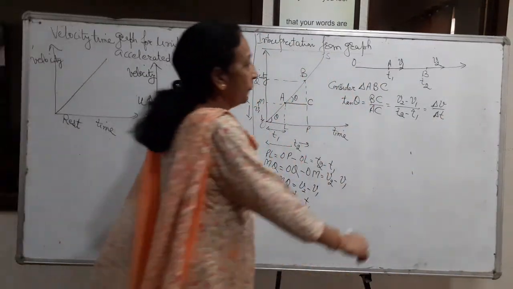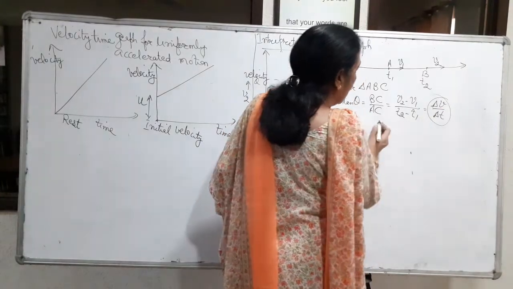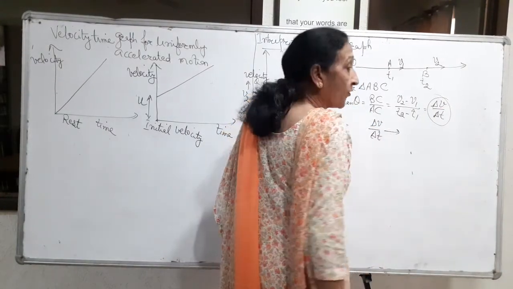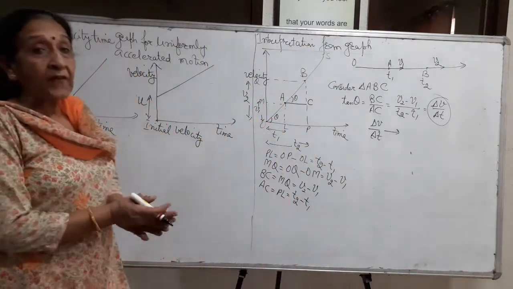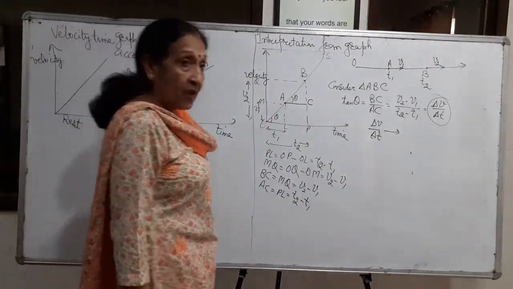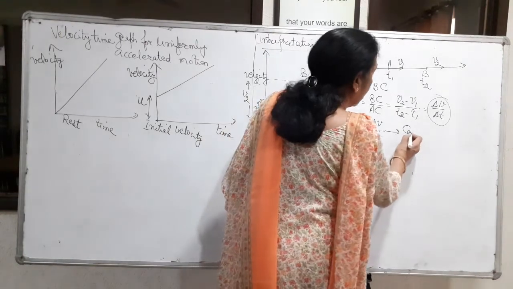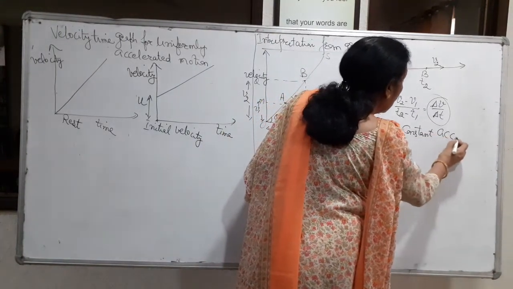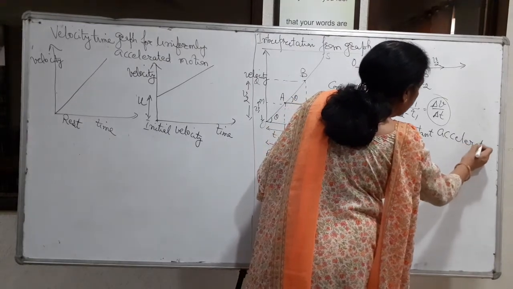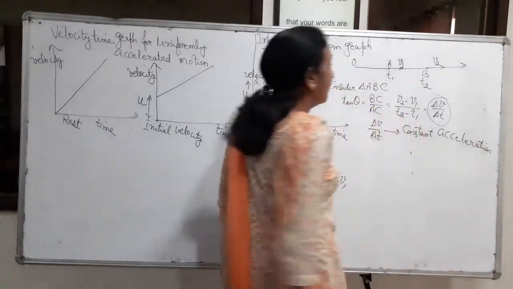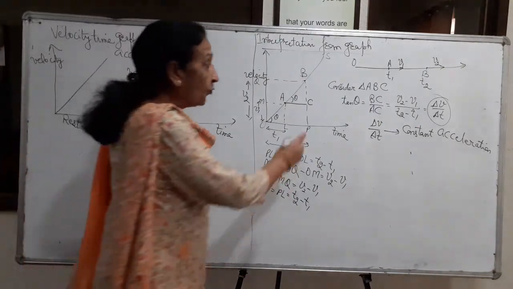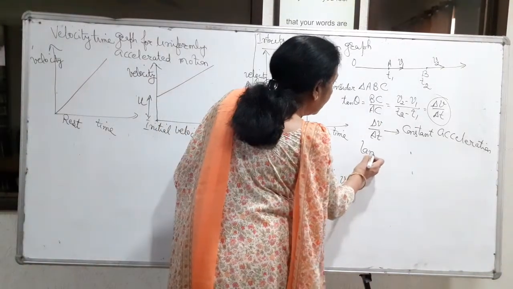Now this delta v by delta t is the value of average acceleration. But when the acceleration is constant, the average acceleration will be equal to the constant acceleration. So this delta v by delta t becomes the constant acceleration.